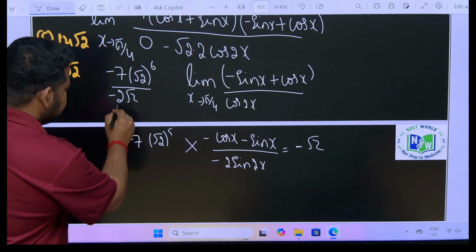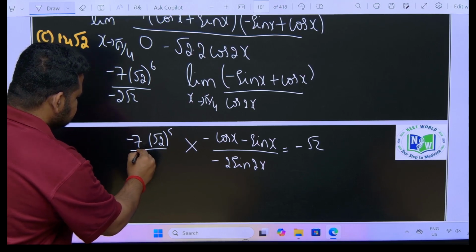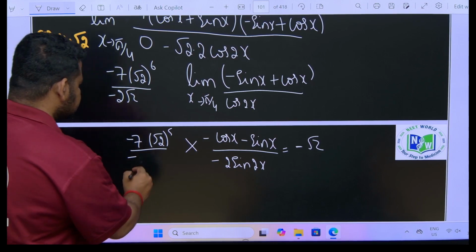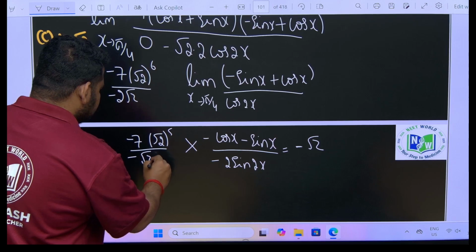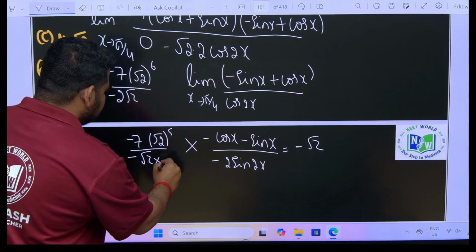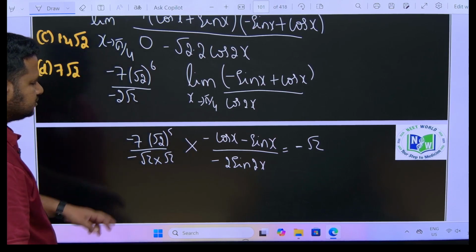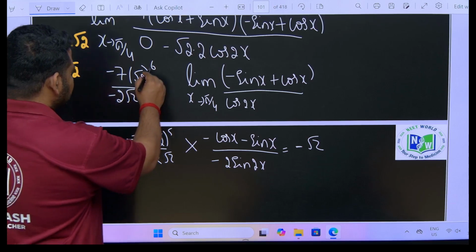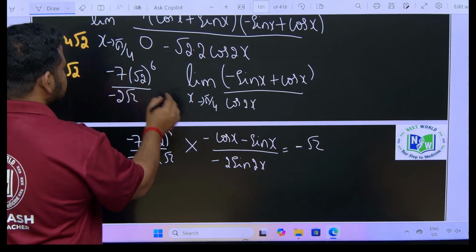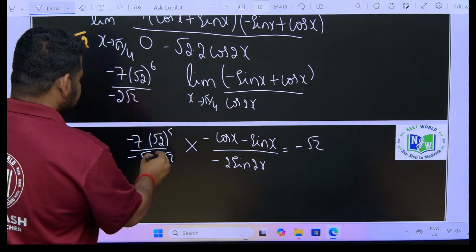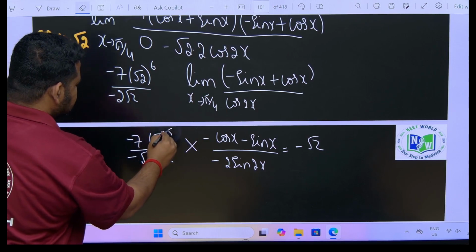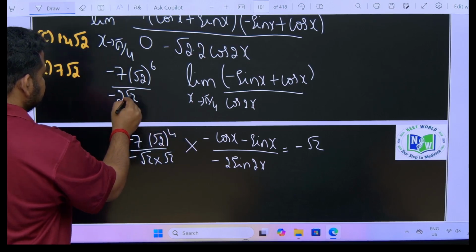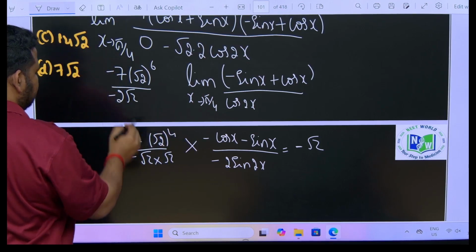Again here 2 is there. This 2 can be written as root 2 into root 2. Correct? This will become minus 2 root 2. This will become root 2 to the power of 4 if you divide by this.